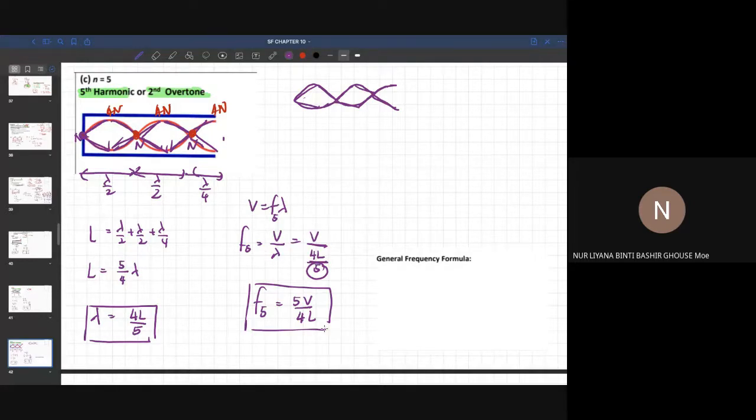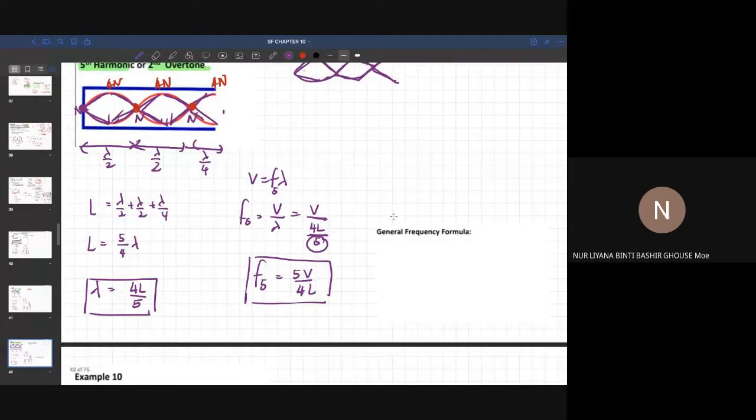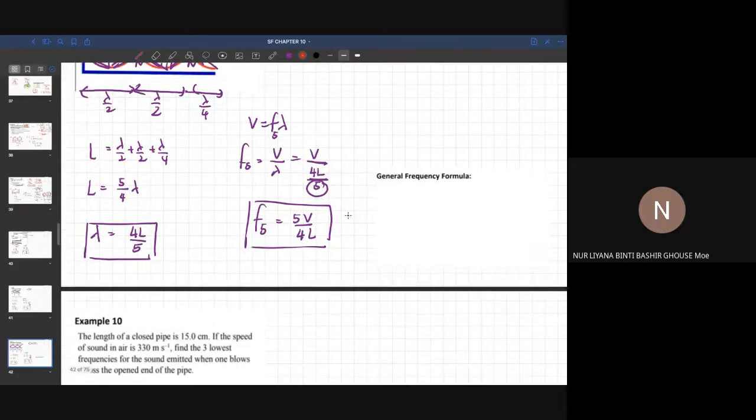Okay, lepas tu untuk general equation dia. Siapa nak volunteer, nak try? Salah tak apa. Siapa nak volunteer untuk berikan kepada Miss apakah general frequency formula? General frequency maksudnya Fn equals to apa?